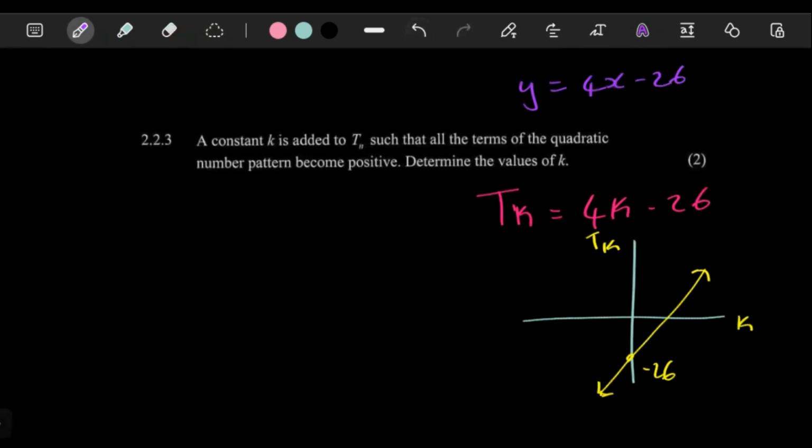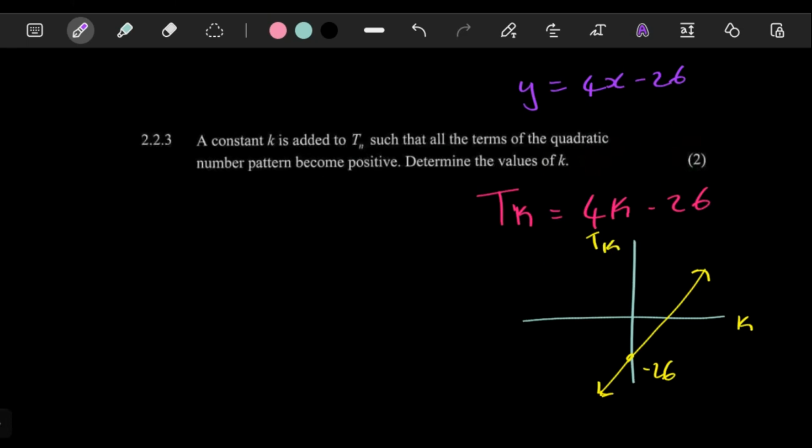So with all that being said, we need to be conscious of what it is that we are doing. If they're saying a constant value of k needs to be added such that the terms of the quadratic number pattern become positive, then k is going to be affecting the gradient, basically.